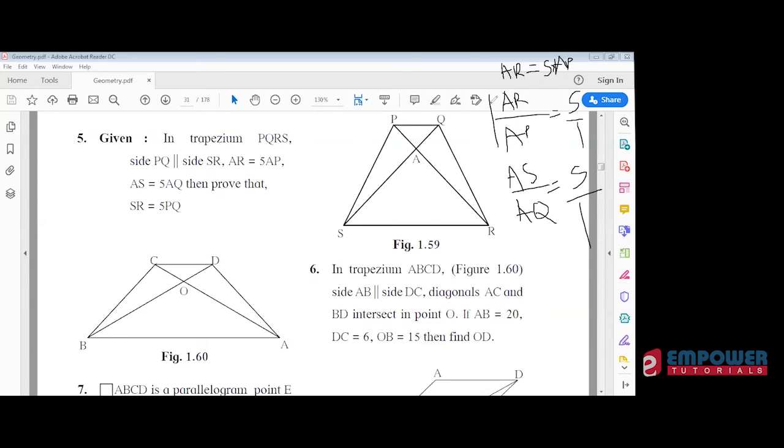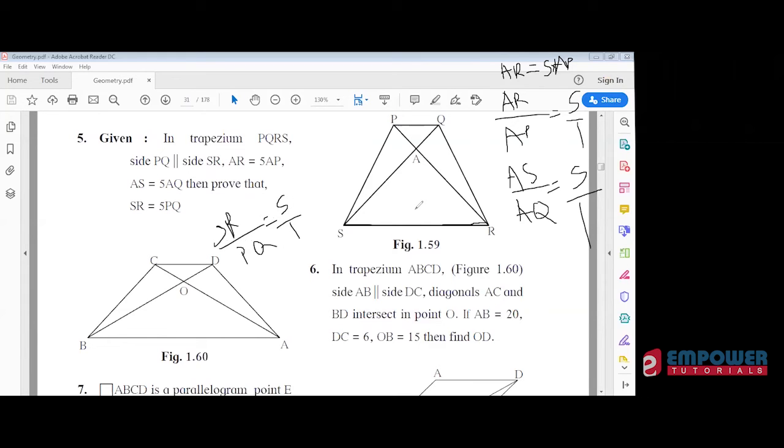So AR upon AP is equal to 5/1, and the same is the case for this. Now we want to prove that SR upon PQ is 5:1.